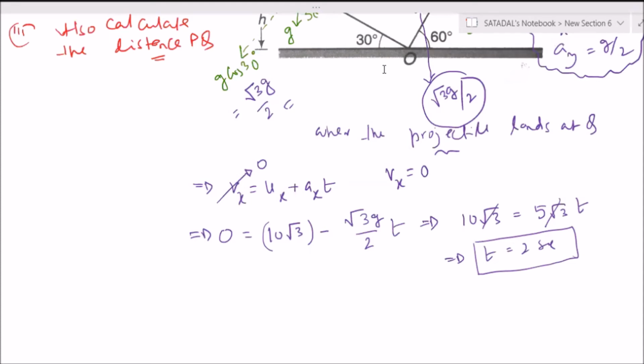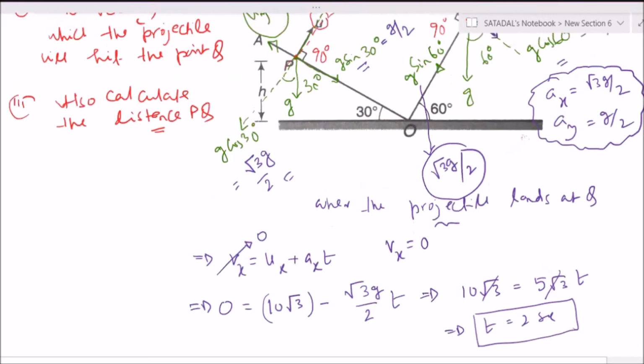Preetham, tell me. Sir, why should we take acceleration as root 3 g by 2? You check here. Check the diagram. The diagram is everything.